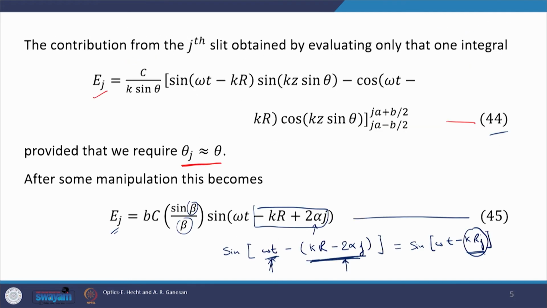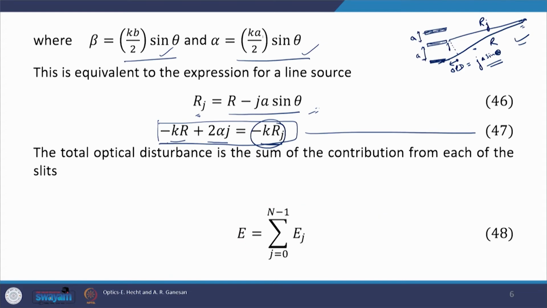Therefore, this equation number 45 is now well understood, and the phase part is also understood. Why is it coming so? Now, once the field due to the jth slit is calculated, then we have to just sum this field up over all the slit numbers.